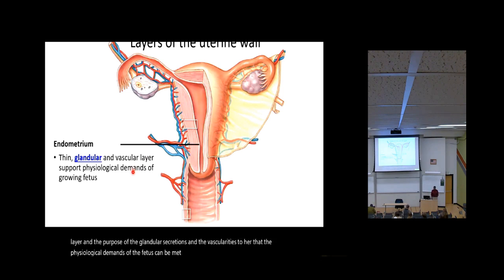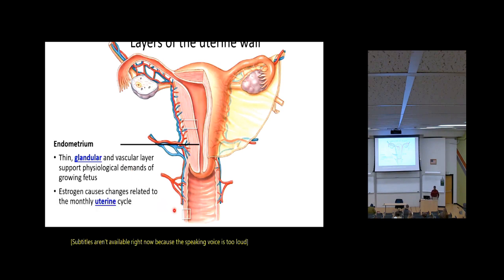So that is the purpose of the endometrium. And keep in mind that the thickness of the endometrium is very responsive to estrogen, and that is why as the levels of estrogen change during the monthly menstrual cycle, the thickening of the endometrial wall will vary as well.